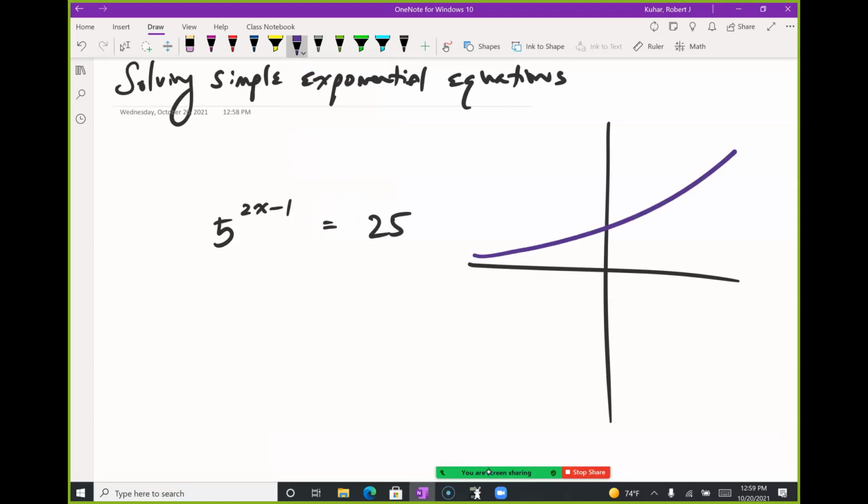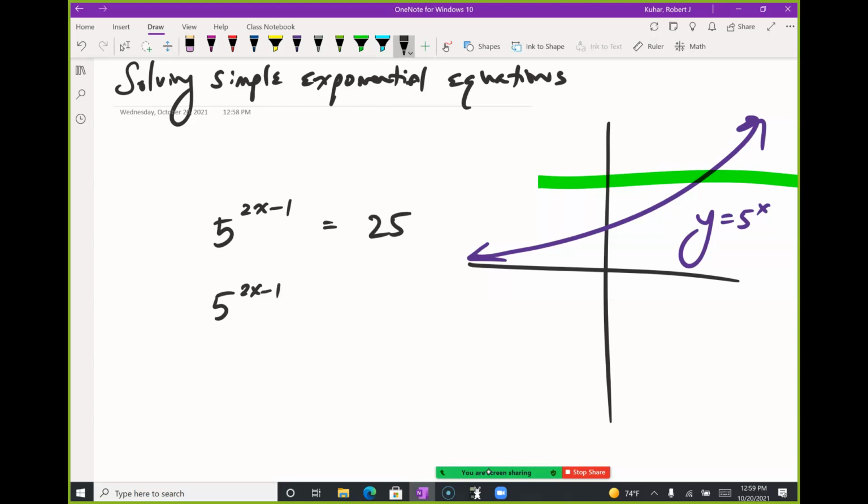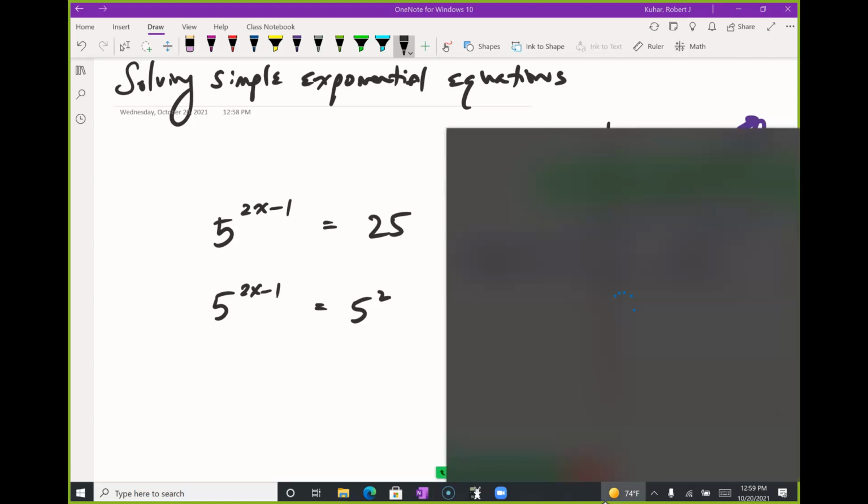5. Yep. Is y equal 5 to the x 1 to 1? Yeah. Yep. Passes the horizontal line test, right? So if I can write both sides base 5, and I can, because this other side here is 5 squared, I can see that I've got y values here.